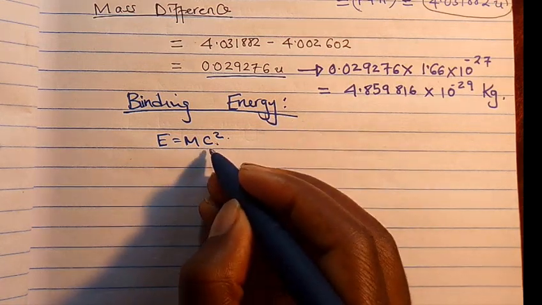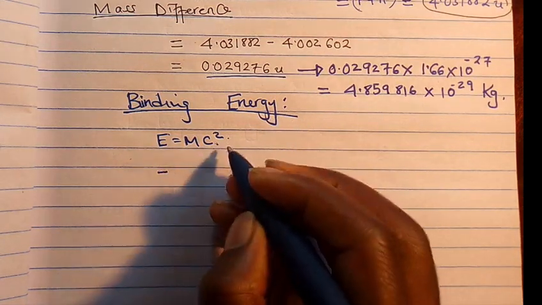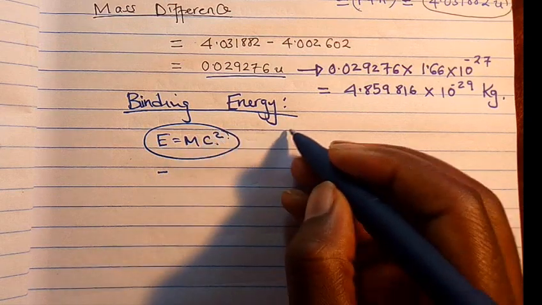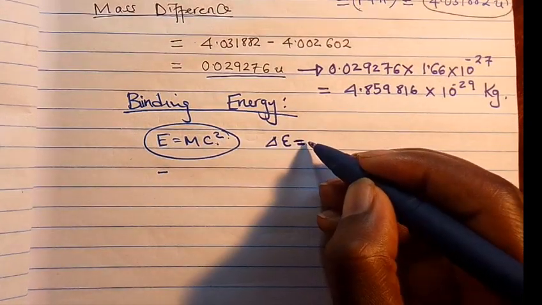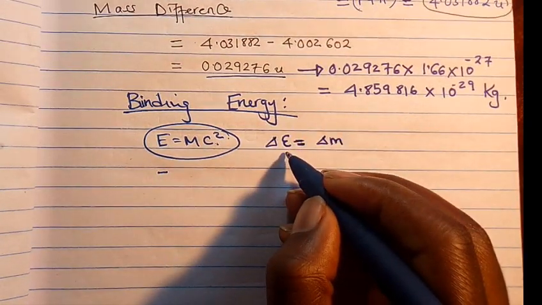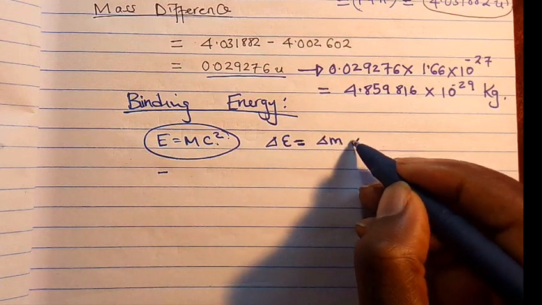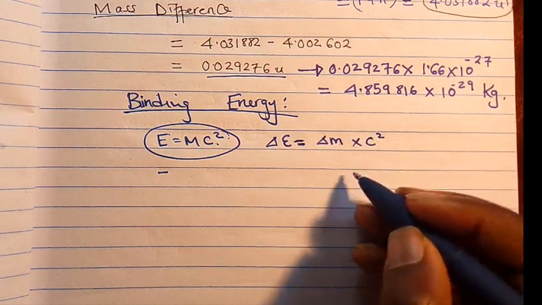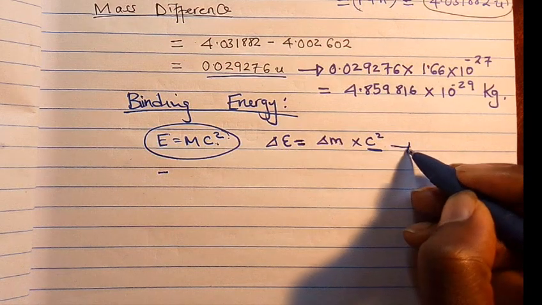To find the binding energy, this is the formula we're going to use, written in a better way: change in energy is equal to change in mass times c squared, where c is the speed of light.